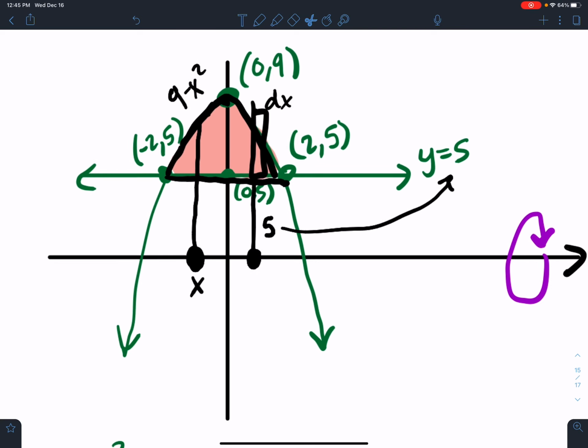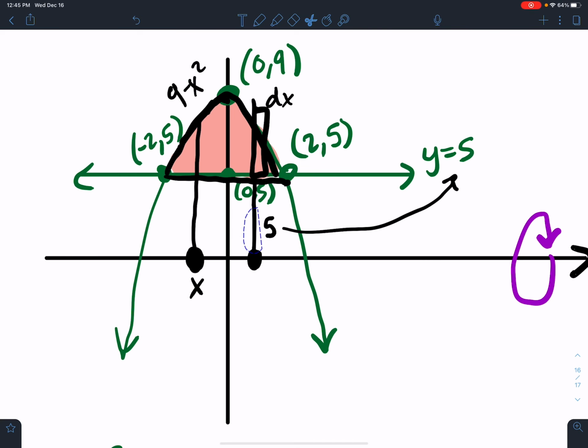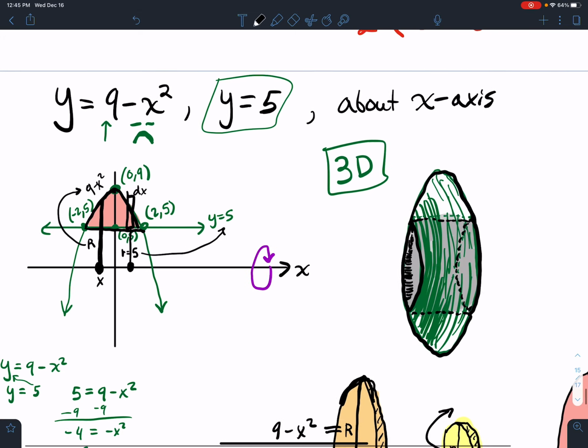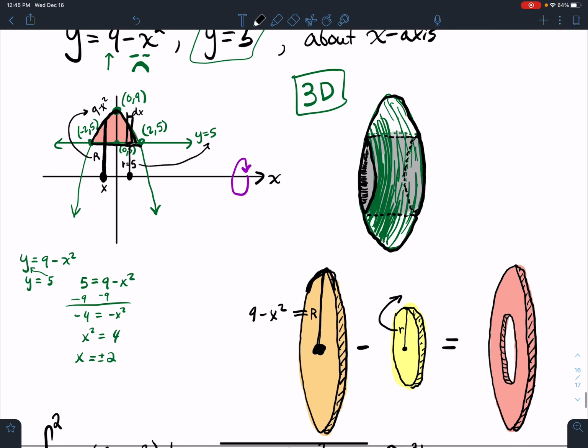If you look real close here, anywhere we move this thing, it's always the same radius. So on the inside, that little r is equal to 5. This big R, that big radius, is equal to 9 minus x squared. So that one's changing as x changes.